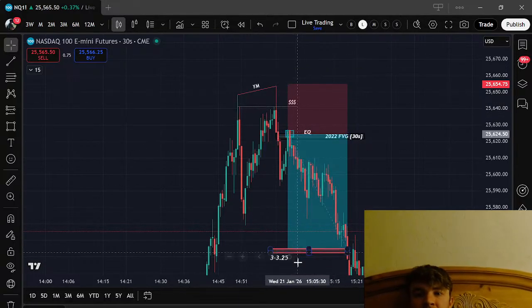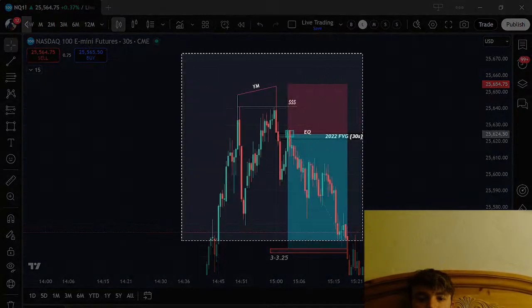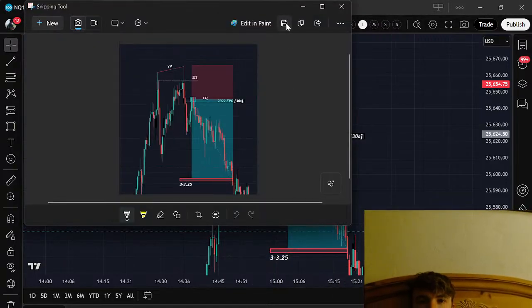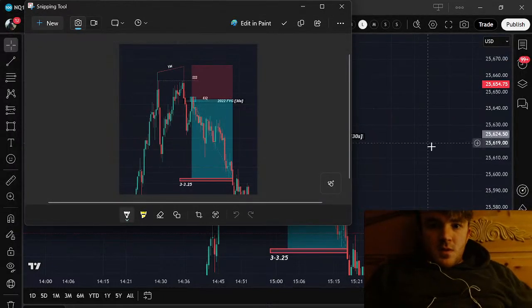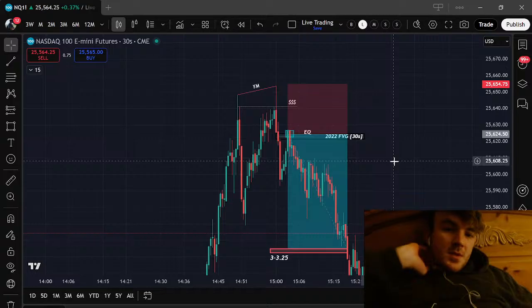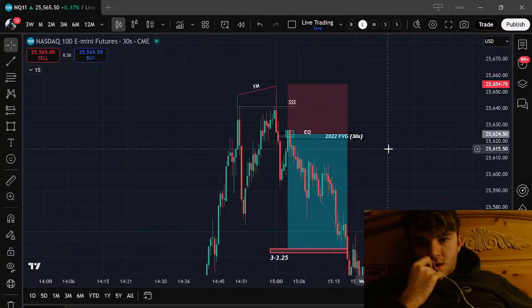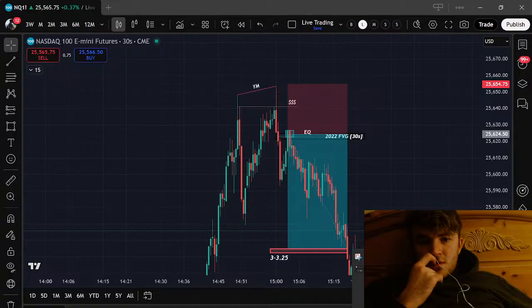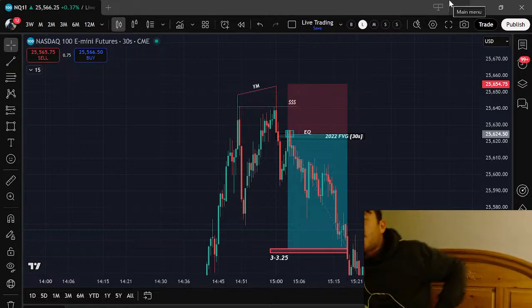It's also an outside bar up here. 2022 model, only 32nd. Oh my gosh.